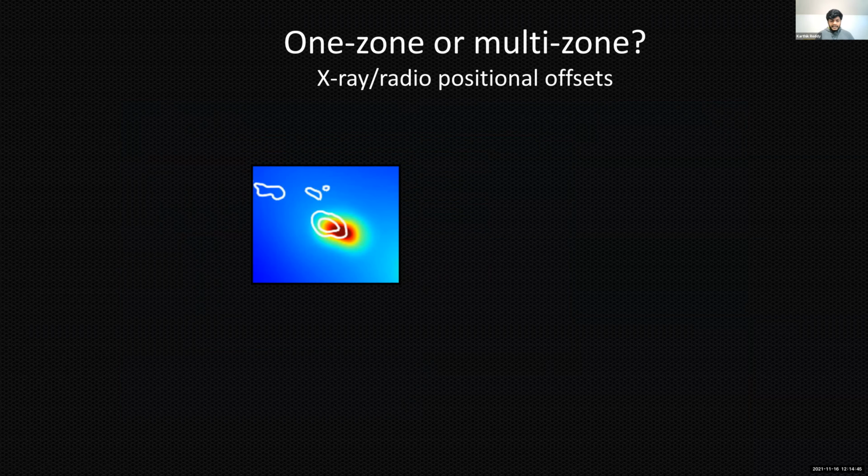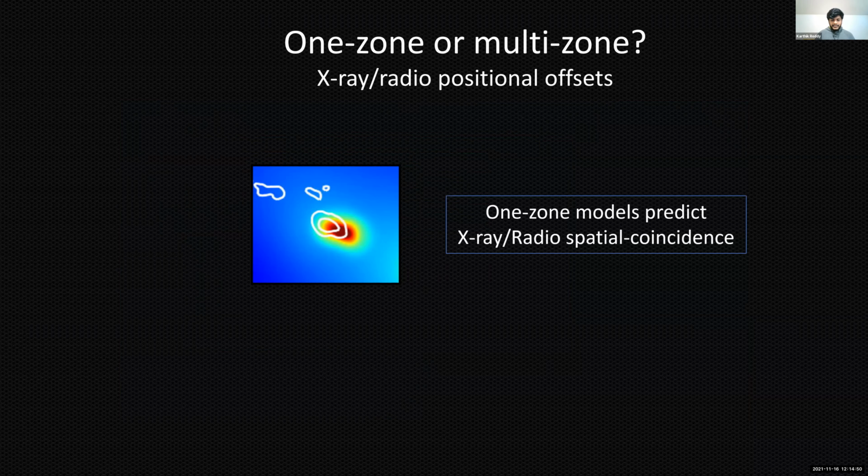Now, if we are trying to interpret these X-rays in a simple one-zone modeling approach, we should expect the X-rays and radio to coincide, but not the X-rays to decay before the radio. So even before we talk about any spectral constraints, these offsets put a constraint on the emission model by requiring that the emission volumes are separate, at least partially.